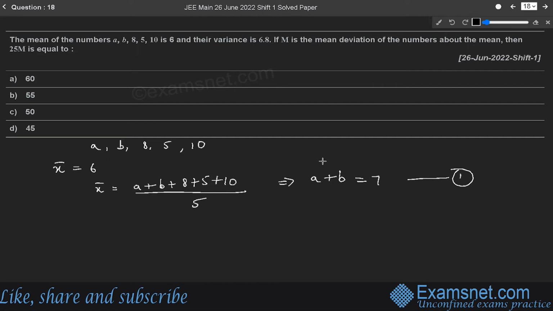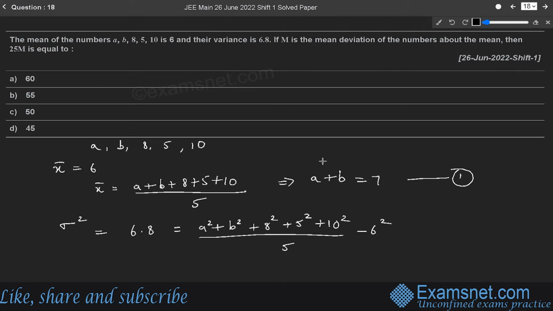Now, the variance is also given, which is the square of standard deviation, so sigma square is equal to 6.8. We know that variance is also equal to A square plus B square plus 8 square plus 5 square plus 10 square, whole divided by 5, minus 6 square.